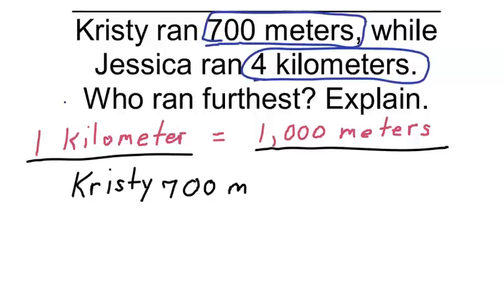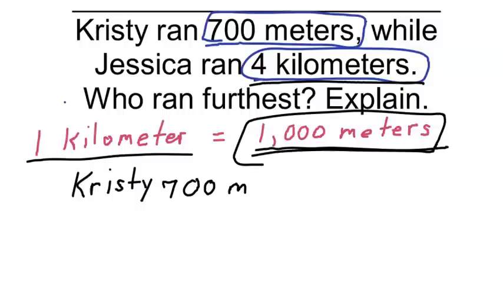So that was easy. Now we have to convert. How many meters did Jessica run? Since 1 kilometer is 1,000 meters, if she ran 4 kilometers, that's going to be 4 times 1,000, which would be 4,000. And that was run by Jessica. It's interesting to see there.